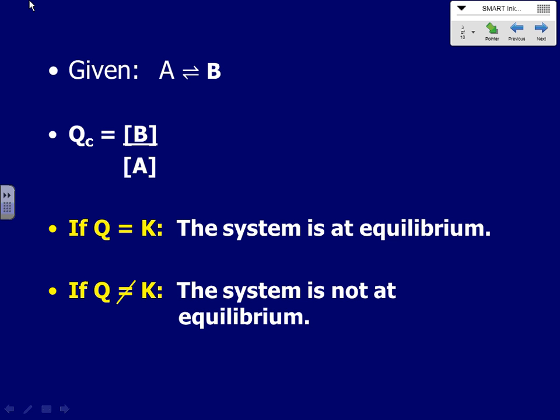Make sense? If a Q has a large value, if a Q is larger than K, it means that there's too much product. It's a similar relationship, but the meaning is slightly different, all right?